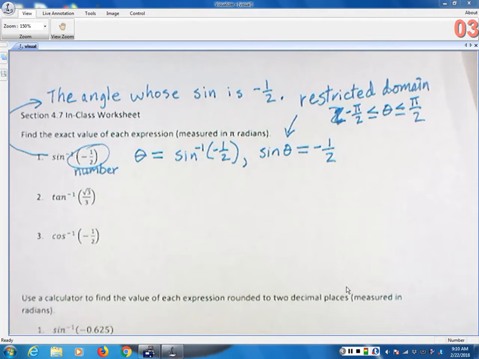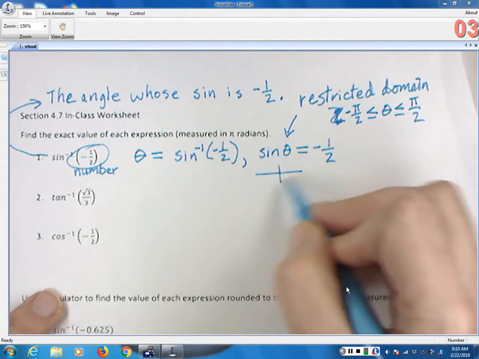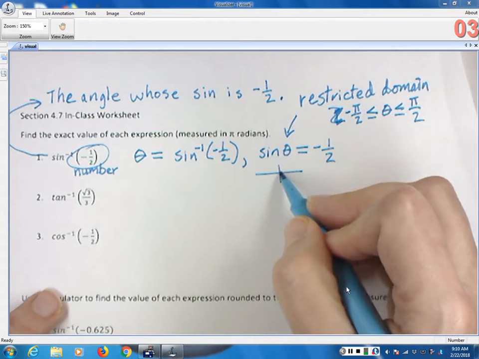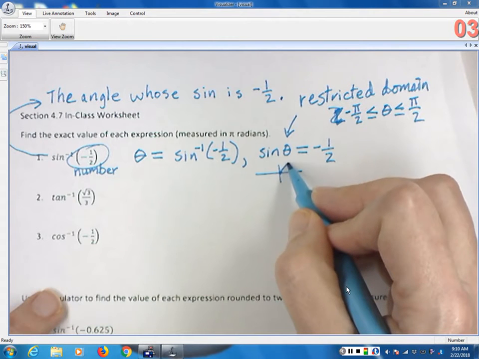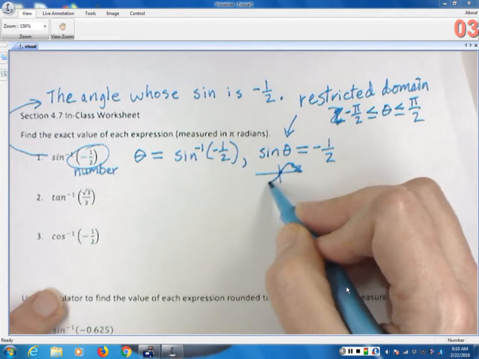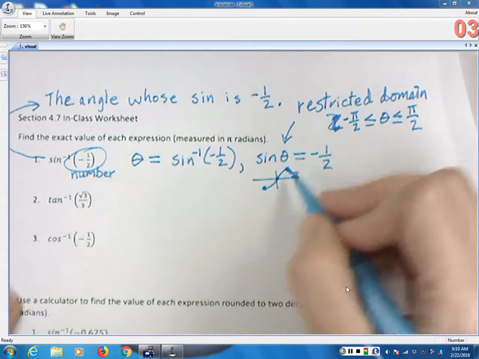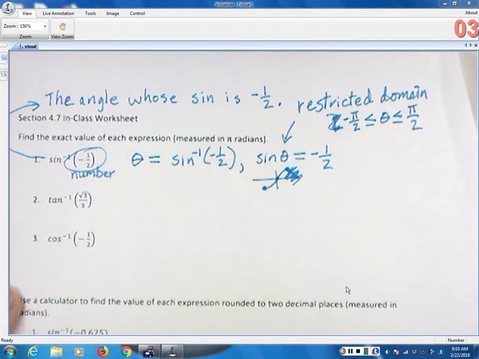In order to make it 1-to-1, we're only using this part of sine. And I can draw a picture. Sine usually goes... no, we can't use that part. We're only using this part of sine to make it 1-to-1, horizontal line test, not this part. Okay, that's why. So we're restricting the domain on sine so that we can have an inverse function.